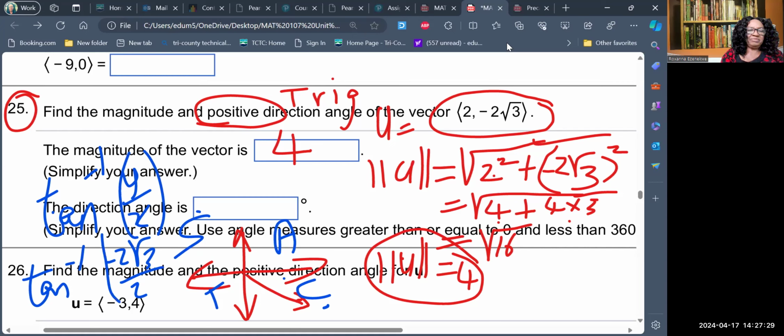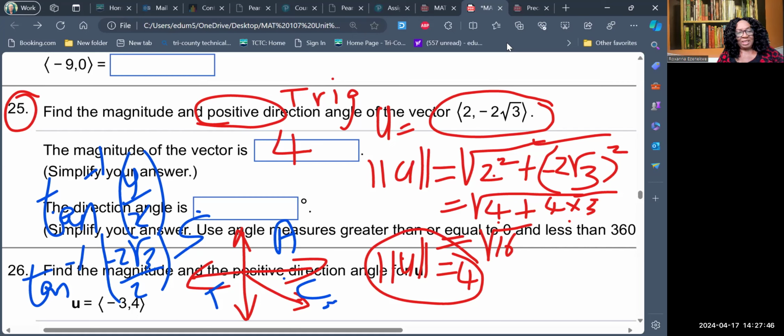And negative will cancel, 2 will cancel 2, so I have -√3. But since I already know that this vector is in the 4th quadrant, I don't need the negative anymore. I know that tangent is negative in the 4th quadrant.